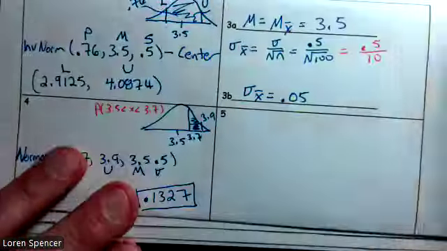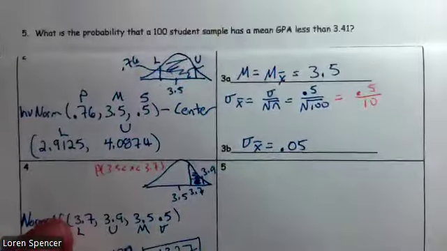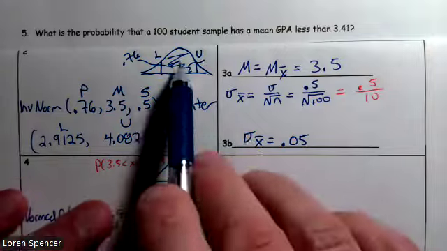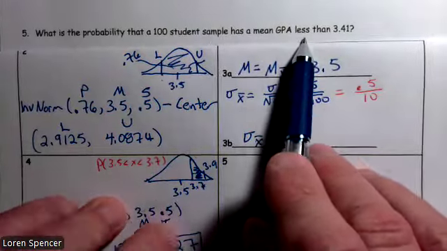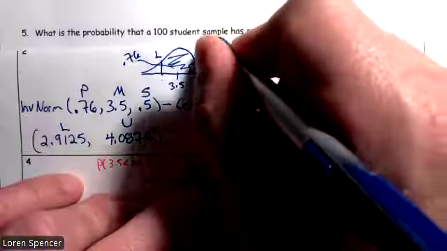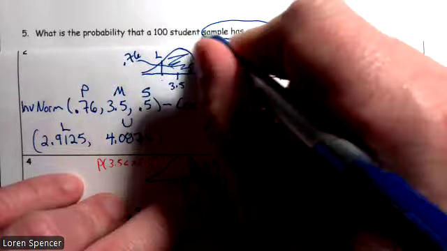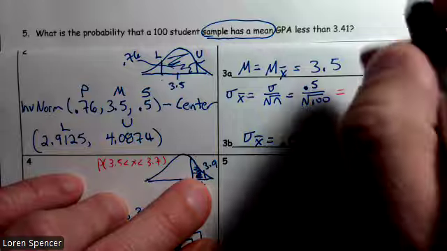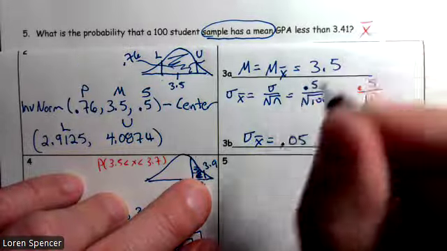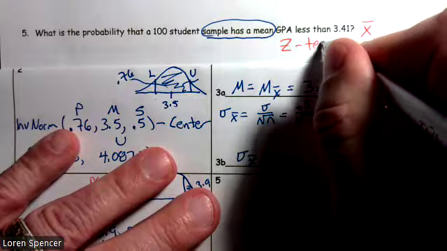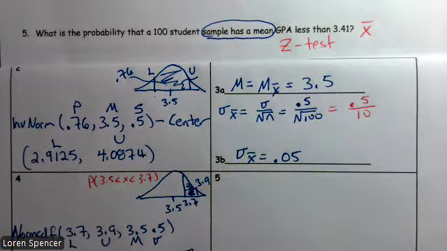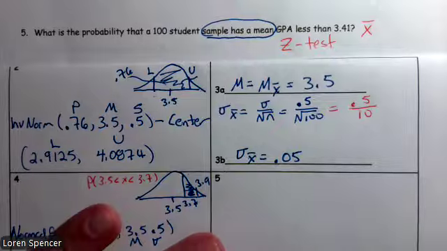All right, number 5. What is the probability that a 100 student sample has a mean GPA less than 3.4? So this is a sample mean. Well, that's important. This tells me we're looking for an X bar, so we're going to be using a Z-test. All right, so here's what we need to see.